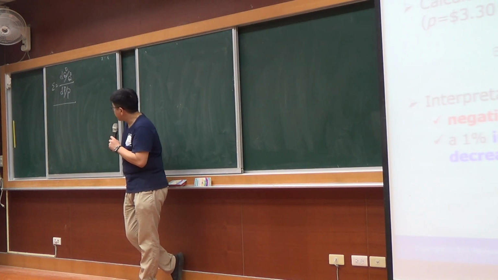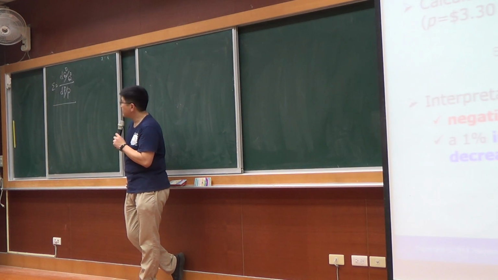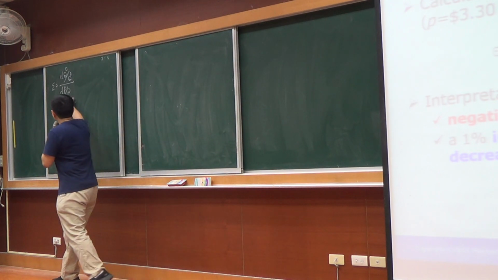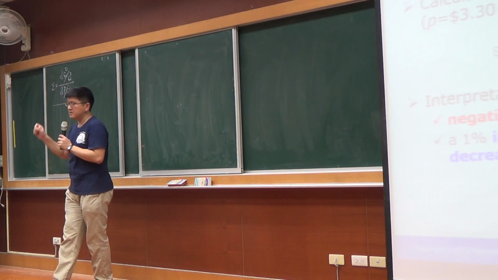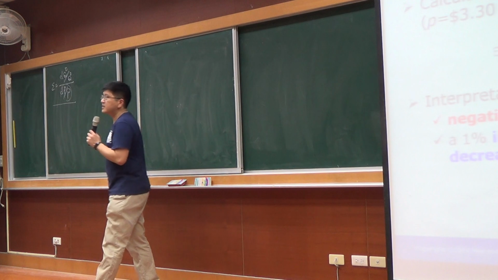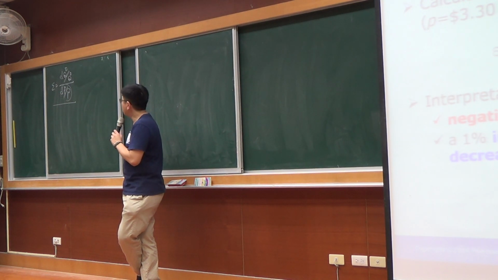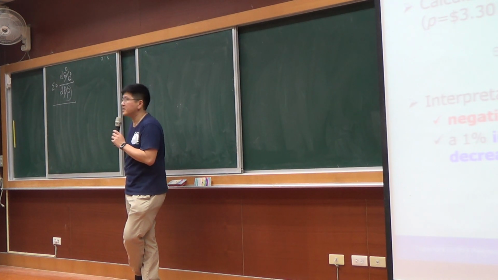Now, as I said, we define the elasticity, the price elasticity. Why do we call it price elasticity? Because the stimulus is the price, the change in price. And we'd like to know how the quantity demanded is affected.